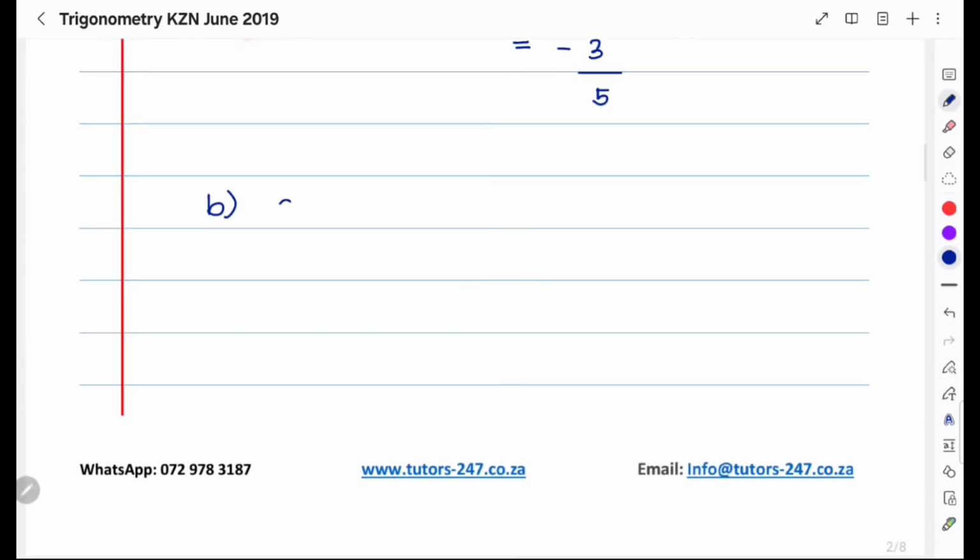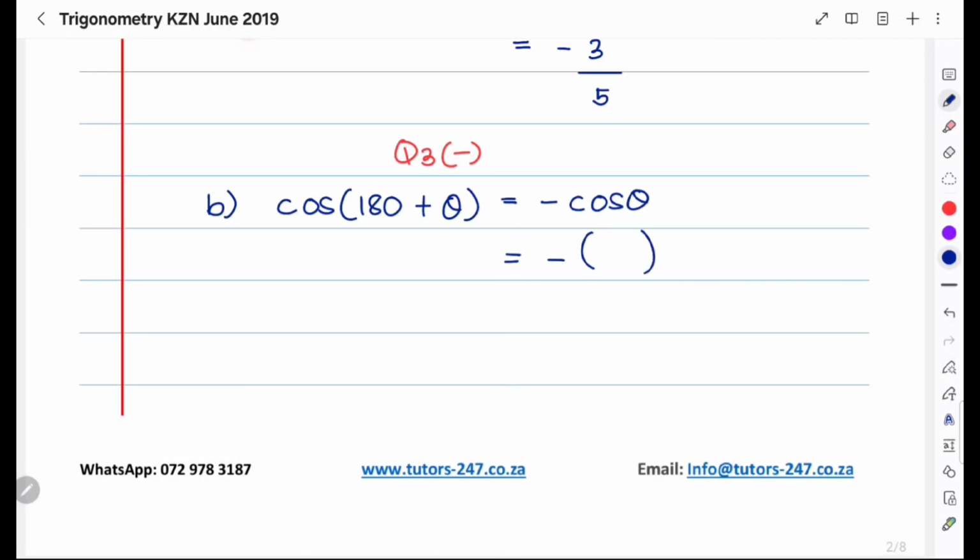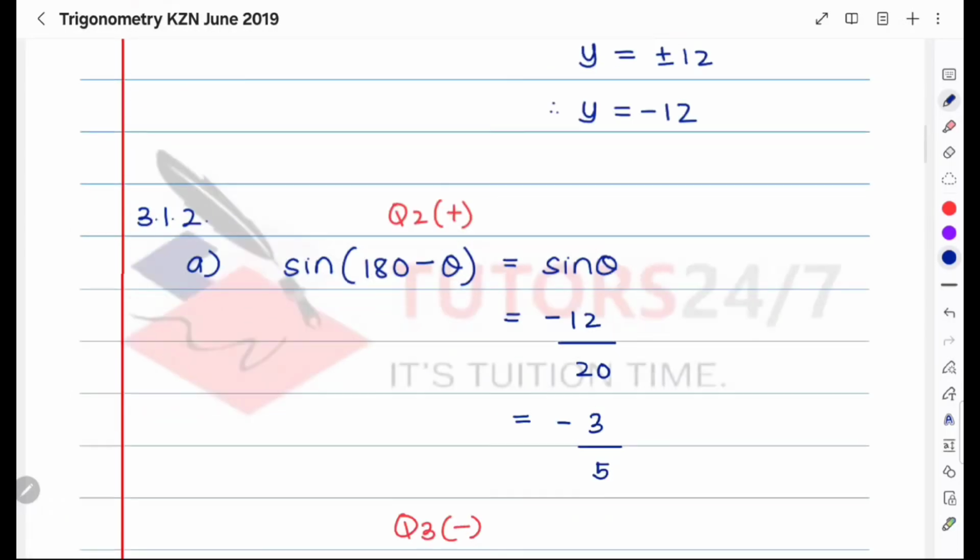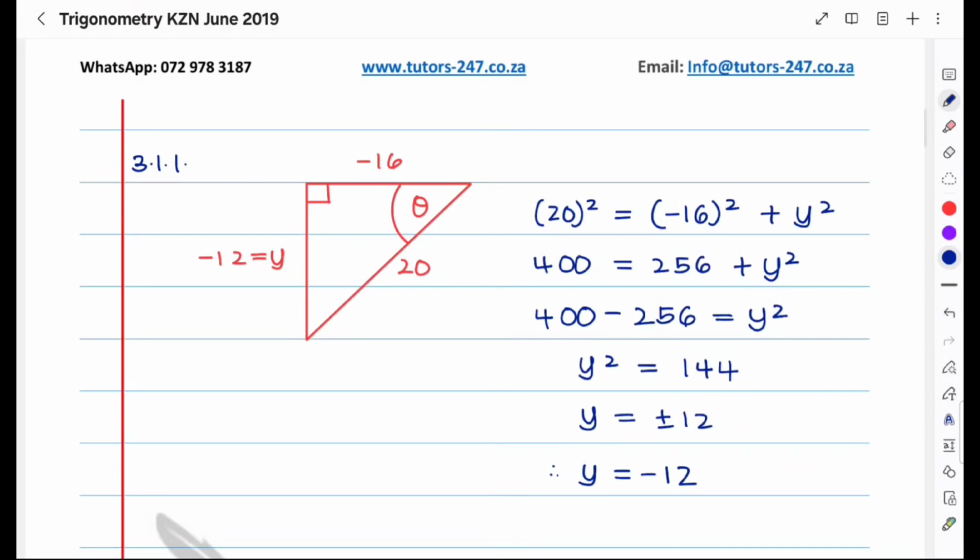So here we know that 180 plus theta, that is quadrant 3, and cos is negative in quadrant 3. So this is going to become a negative cos of theta. And we need to identify what is cos theta equal to. So we go back to our diagram.